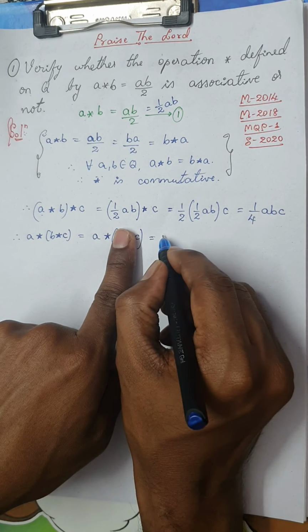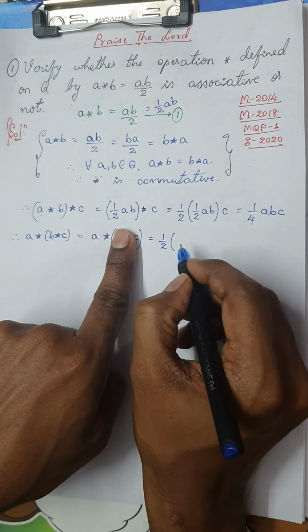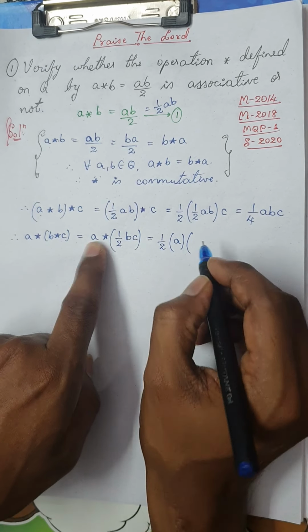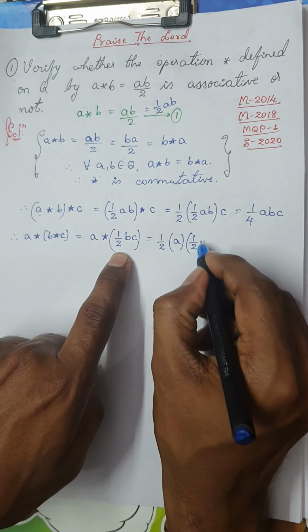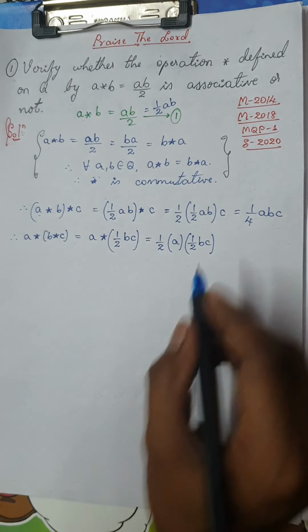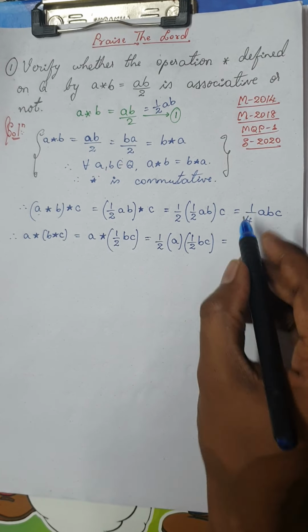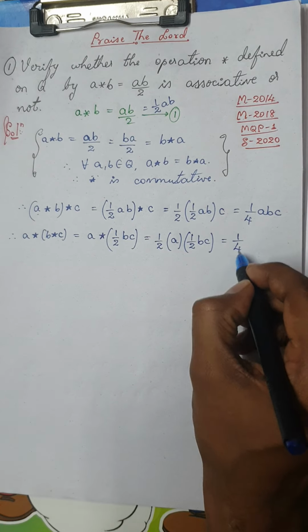So A star B is nothing but half into the first element. First element is A, second element is half BC. Don't get confused. Okay, so this is nothing but half into half, that is 1 by 4.